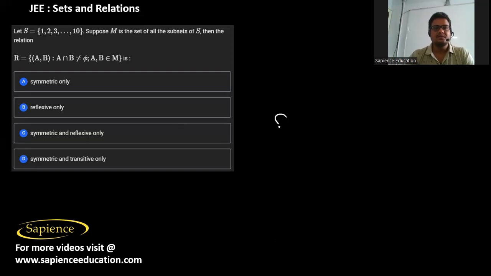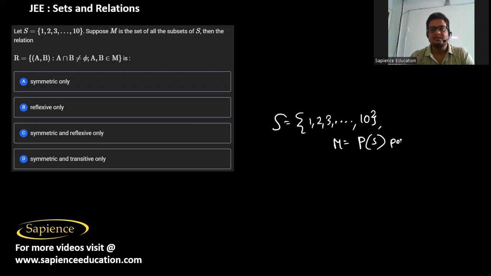And here it is told the set S is 1, 2, 3 till 10. And suppose M is the set of all the subsets of S, then M is the power set of S, since it is the set of all subsets of S. Then the relation R consists of the pairs A comma B such that A intersection B is equal to phi.